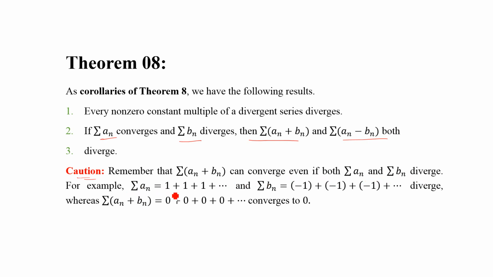For example, we have this series, both are divergent, but their sum is convergent, and it converges to 0. So if both series are divergent, then their sum may or may not be convergent.